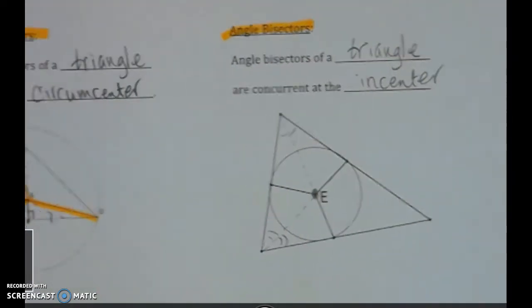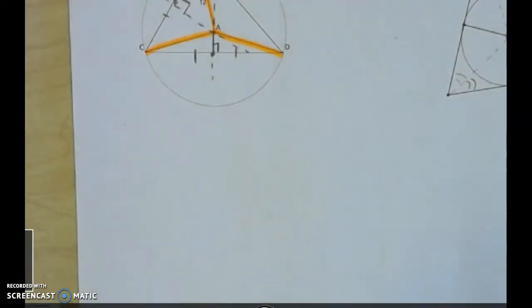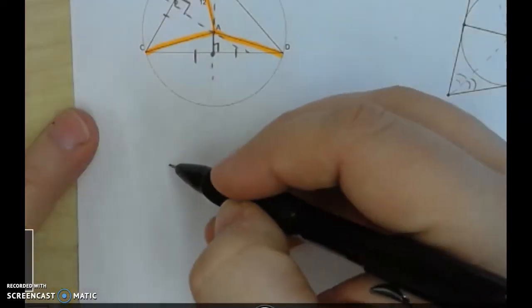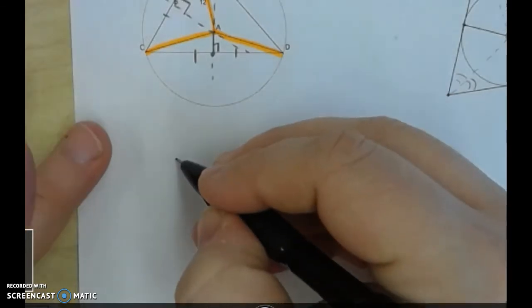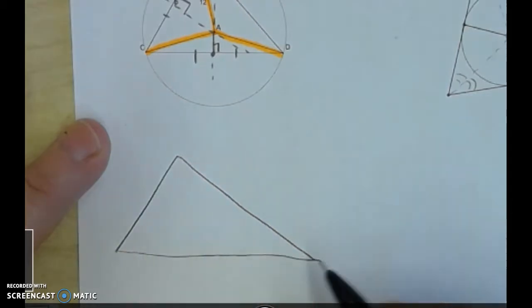Before we actually do problems with math and numbers, I just want to practice drawing and finding these things. So if I draw just a regular triangle, let's see if we can find the perpendicular bisectors.